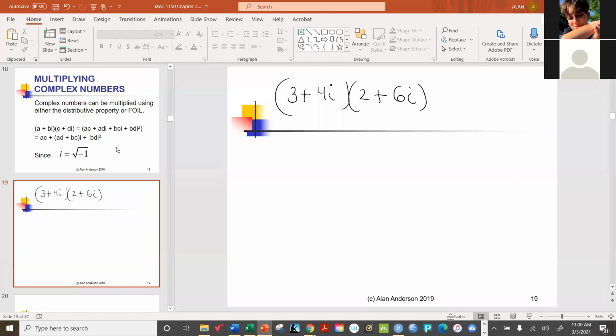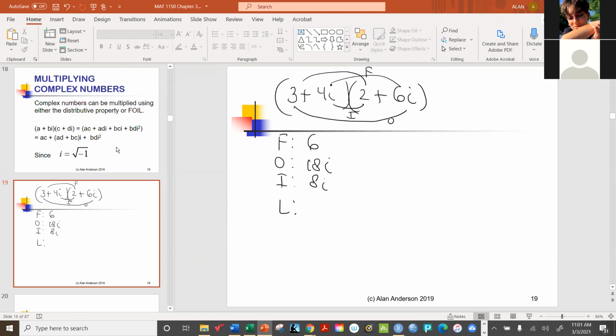So we can use FOIL here, just like we always do, with any binomial expressions that are multiplied together. So F, or first, is here, 6. O would be these two, 18i. Here we have inner, 8i. And then last is 24i squared. So we end up with 6 plus 26i plus 24i squared.